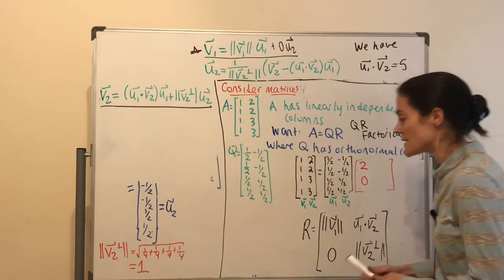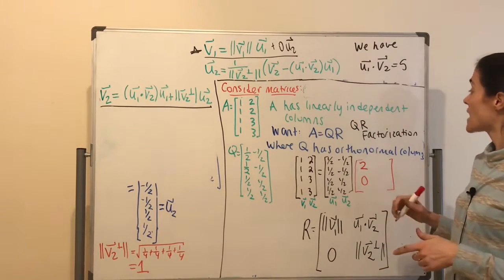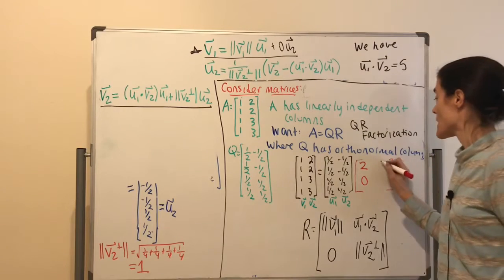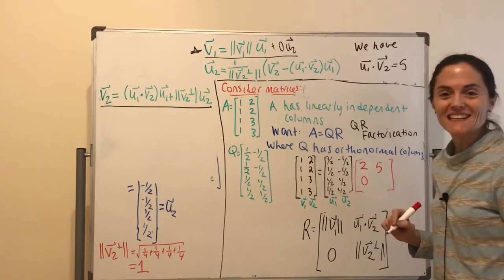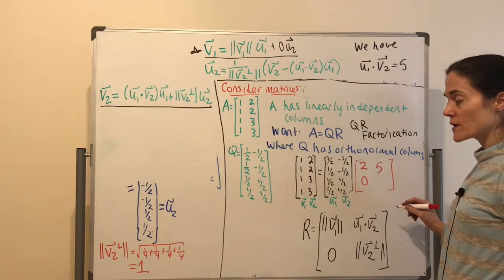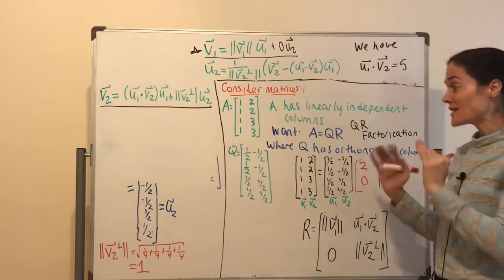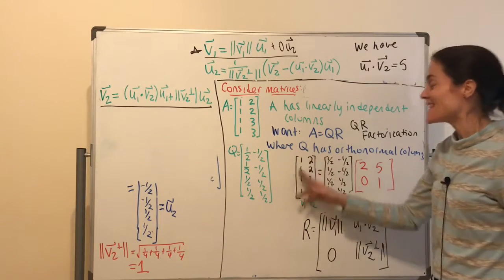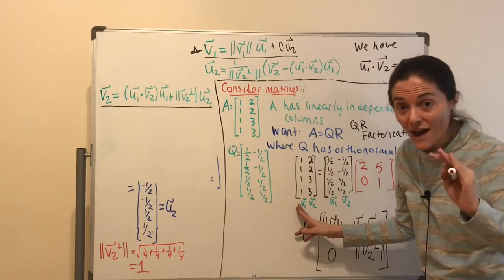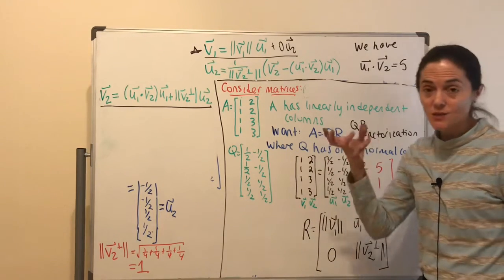So let's fill it out here and we will check. This is why I left it on the board, or recopied it, I should say. And then the length here of this component of V2 orthogonal to the line was 1. We verified why this column was all 1s.